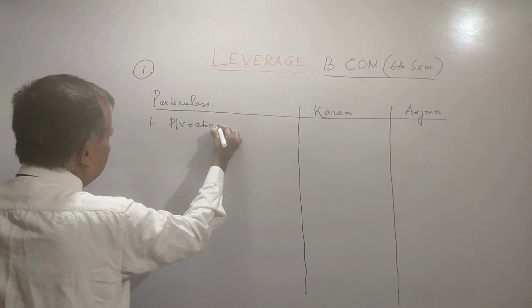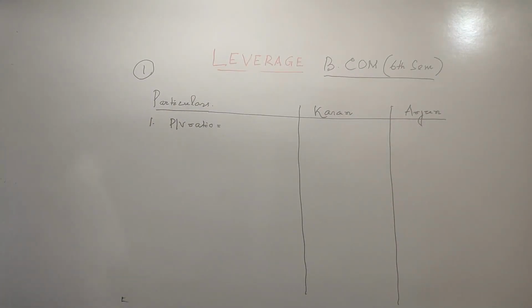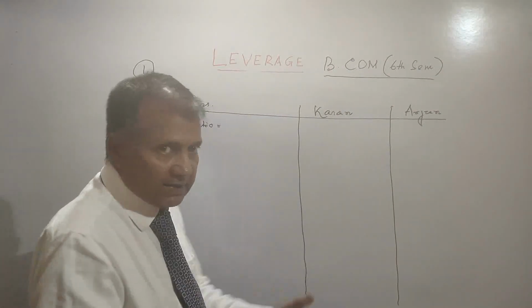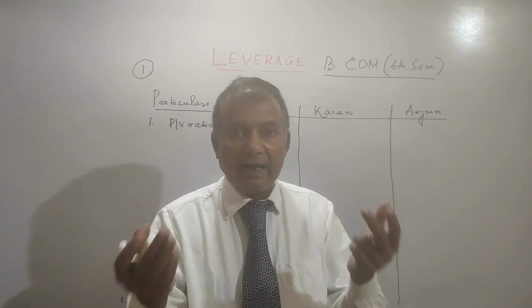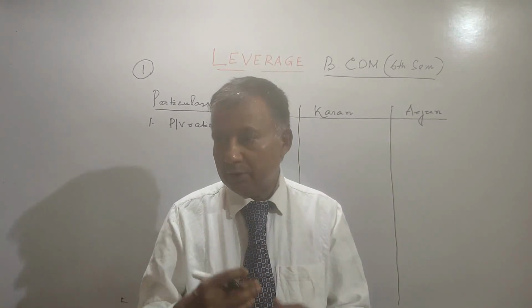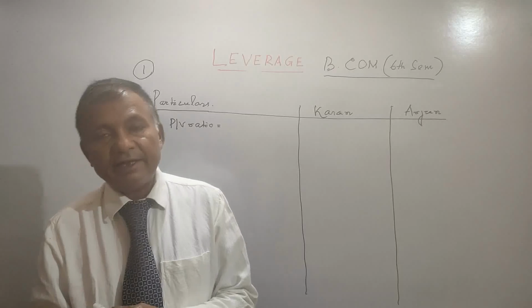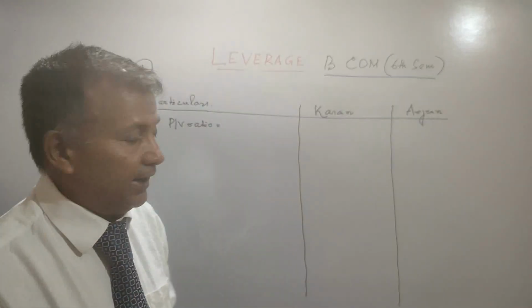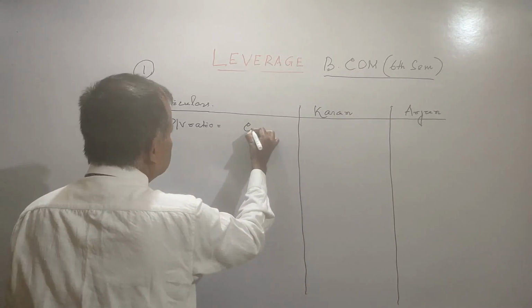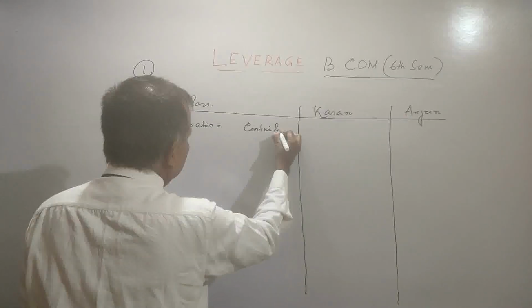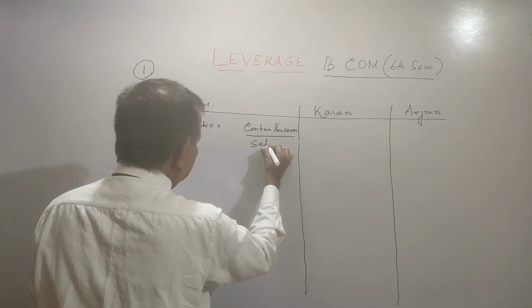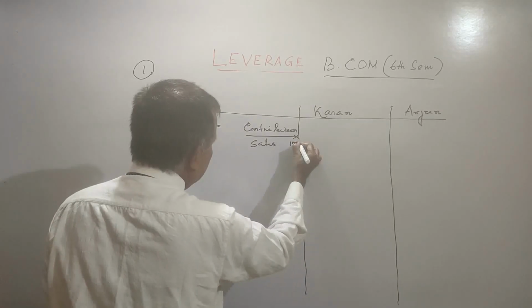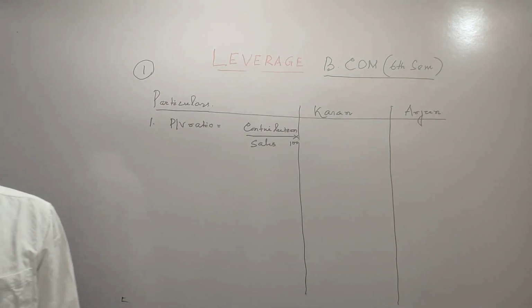This is a measure of operating risk of the firm or operating ability of the firm. As the PV ratio, contribution by sales, if the PV ratio is higher, the ability of the firm to generate income is definitely higher. So PV ratio is contribution by sales into 100.